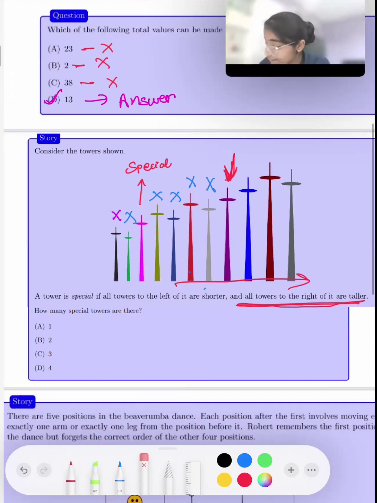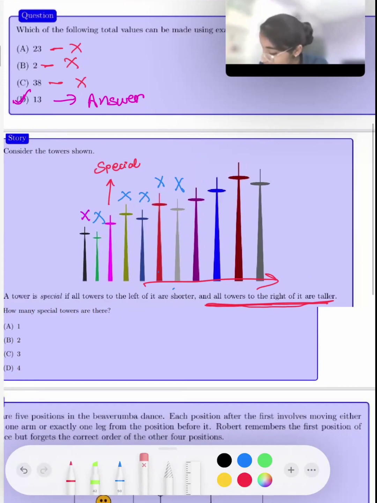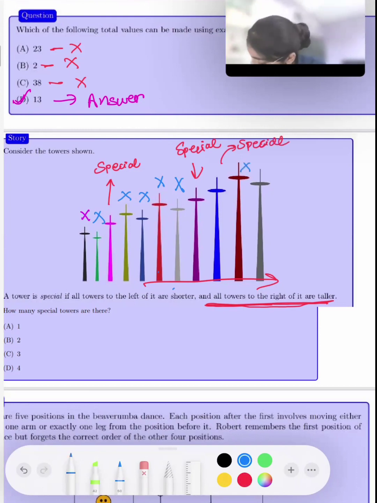So this tower is special because if you carefully see, it satisfies both of the conditions, that all the towers to the left of it are shorter and all the towers to the right of it are taller. So yes, we have a special tower here. The same way, the blue tower as well is special. But both of the other towers don't follow that condition.